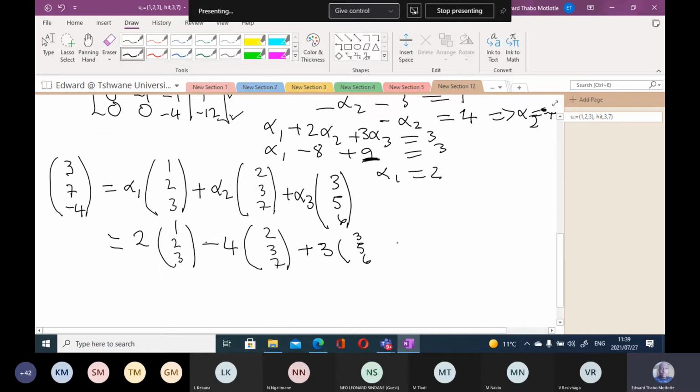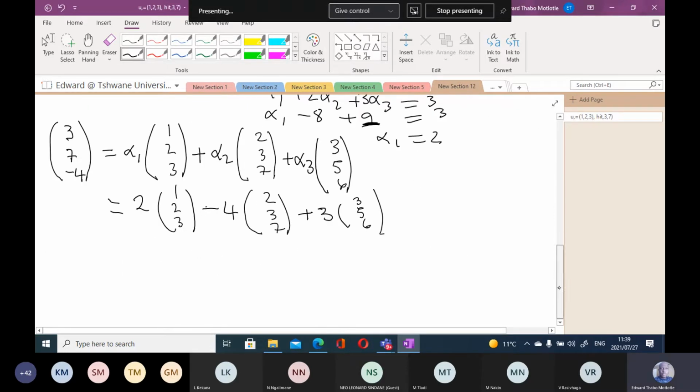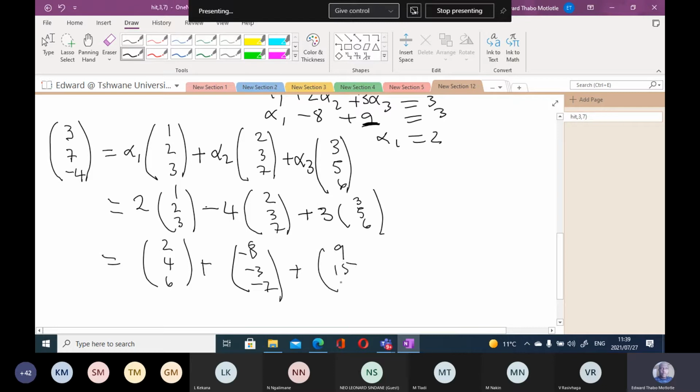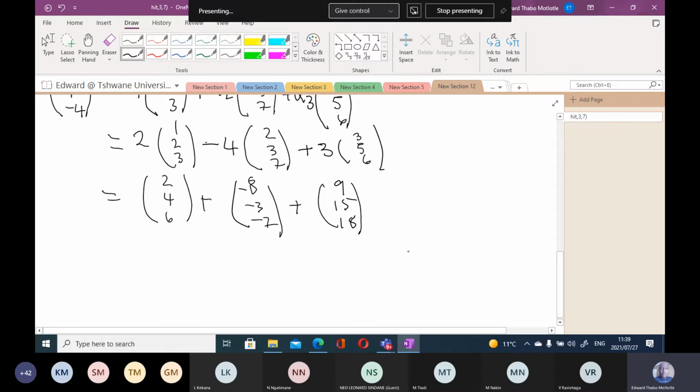So now, what remains is to prove that the left-hand side is equal to the right-hand side. So to do that, you can just multiply. This is 2, 4, 6, minus 8, plus minus 8 here, minus 3, minus 7, plus this will be 9, 15, 18. So let's add.